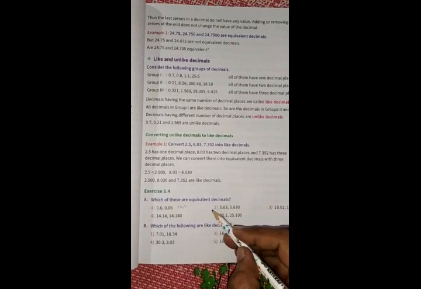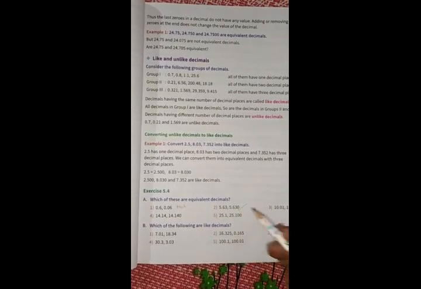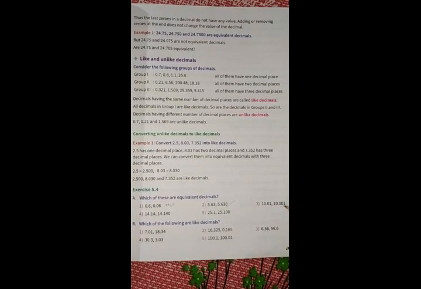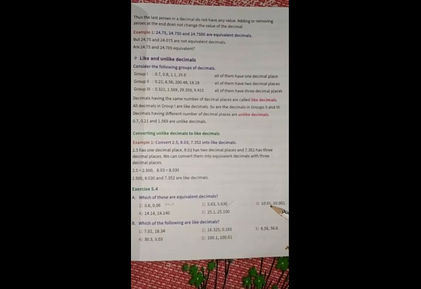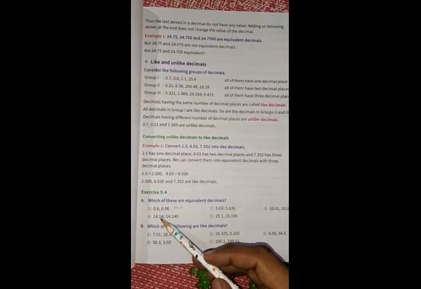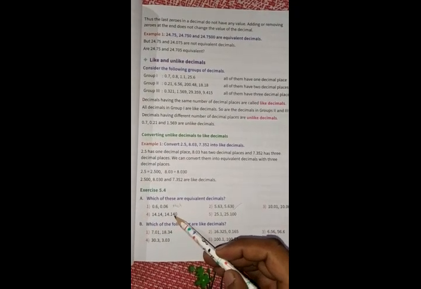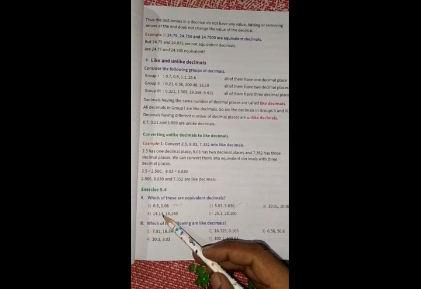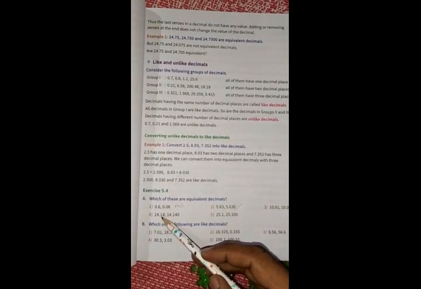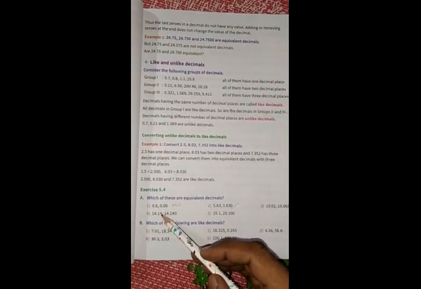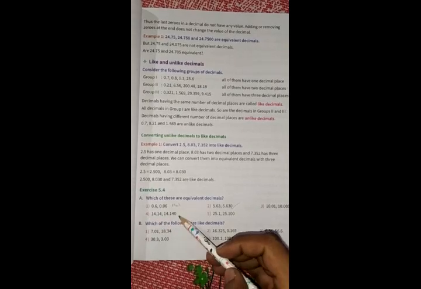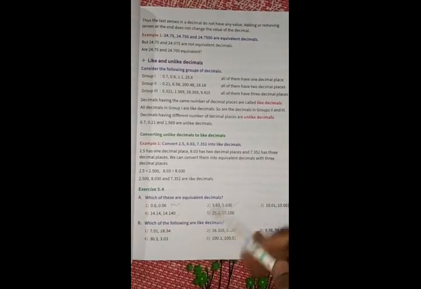So they are equivalent decimals. In 10.01 and 10.001, the hundredths place is 1 here and 0 there, so they are not equivalent. Here 14.14 and 14.140. If we put 0 after 4 in the first number, it will become equal, so they are equivalent.